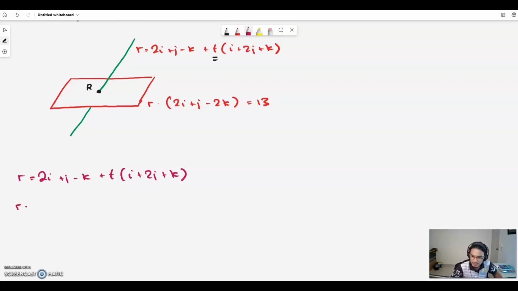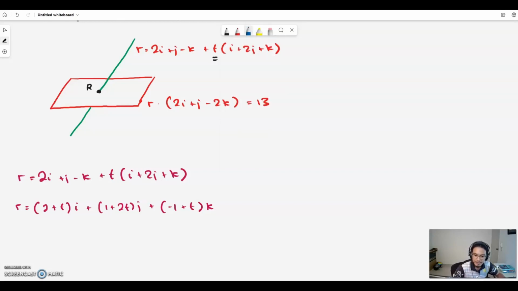Now if we proceed with the addition of these two vectors, we will have 2 plus t i plus 1 plus 2t j plus negative 1 plus t k. Now we have this equation of r, and we substitute this r into the r of the plane, because we can also assign the coordinates of r of the plane at the same spot of intersection.